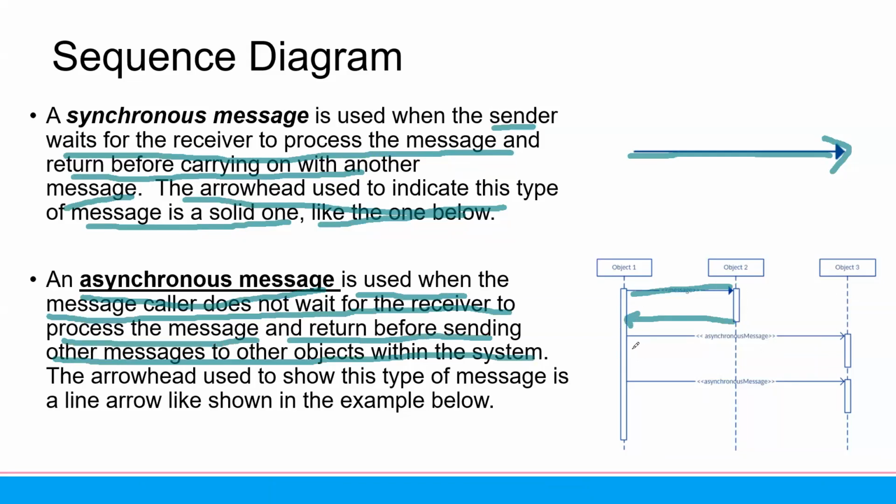But with the asynchronous message, we don't need to wait. So I send one message and then I send another message. You can send several times, even though there is no response from the other object.